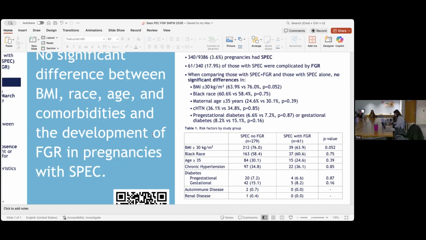So you can abbreviate in the table, but you don't have to, necessarily, in the results. It's just cosmetic. Yeah. Also, while FGR is a very common acronym, SPEC could be superimposed preeclampsia or severe preeclampsia. So this came up with my poster last week.